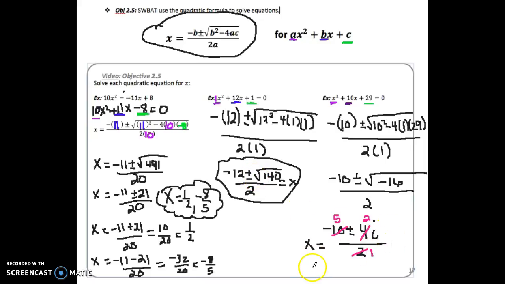All right? And so we're going to get that x is equal to 5 plus or minus 2i. So you could have kept it as negative 10 plus or minus 4i all over 2, but I just wanted you to know that this is also equivalent. Thank you.